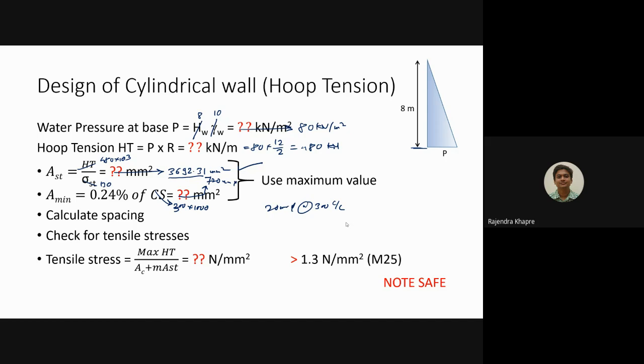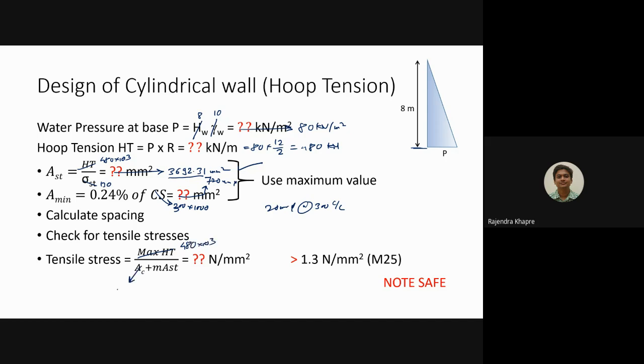Okay, so now we will see whether this particular wall is safe in tension or not. So for this we have to calculate the equivalent area, which has to be kept in the denominator, and in the numerator we have the maximum hoop tension. So maximum hoop tension is 480 into 10 to the power 3.